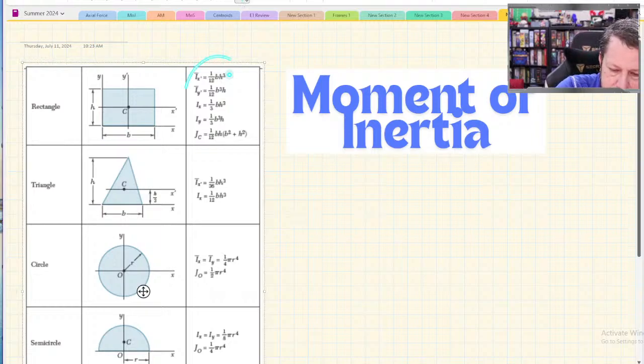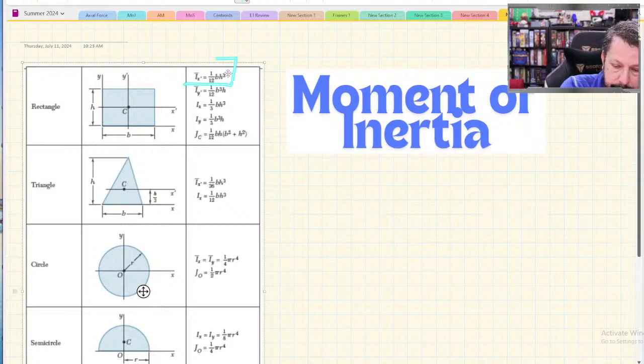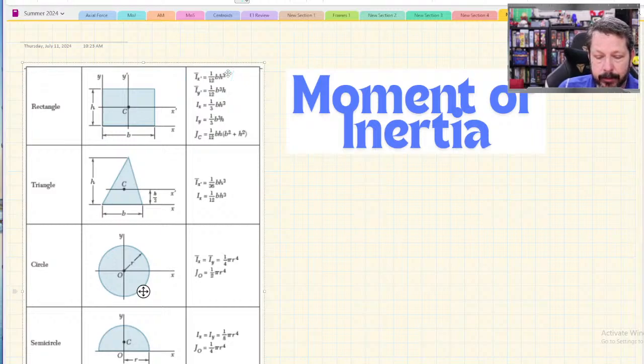And the very first one is actually the equation that we were talking about last time. Right there, it's kind of small, but that is bh cubed over 12. We'll write them larger when we're actually using the equations.